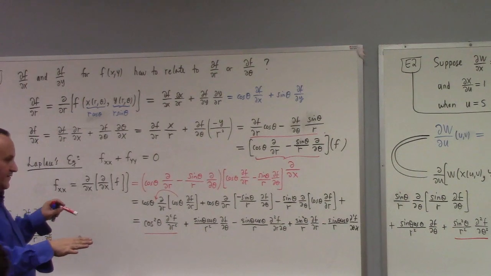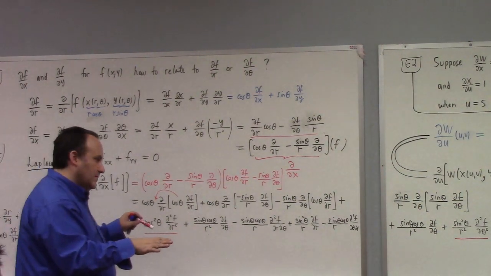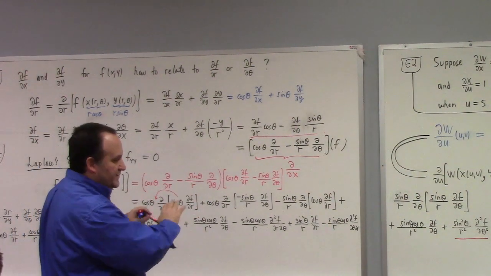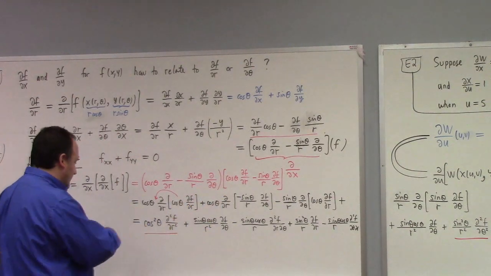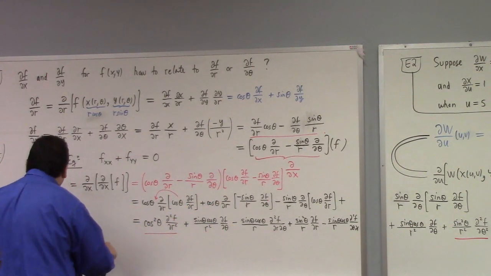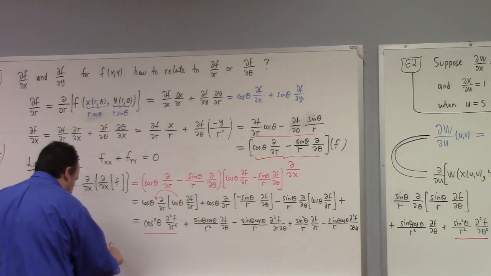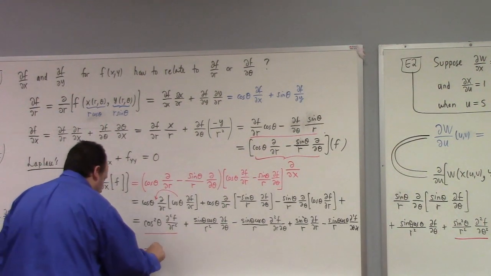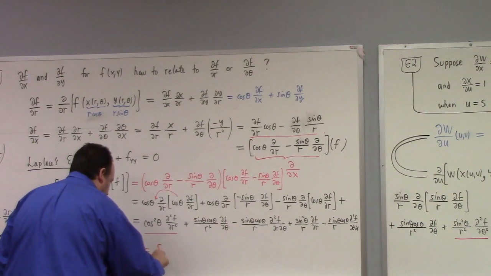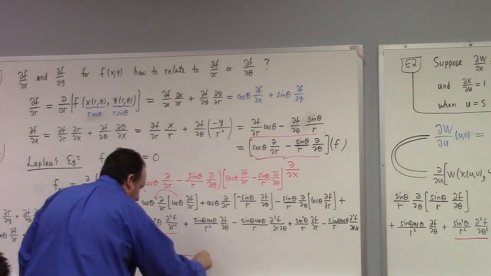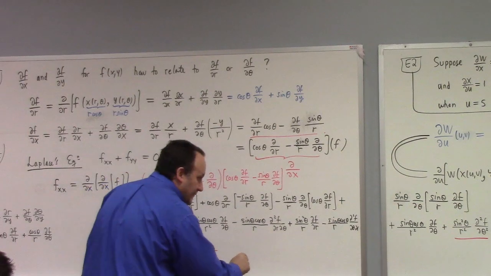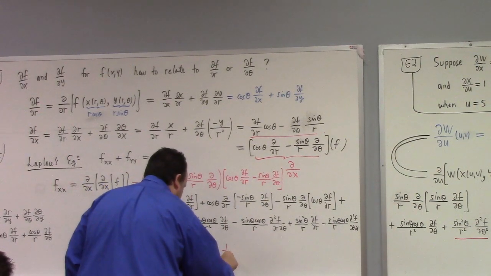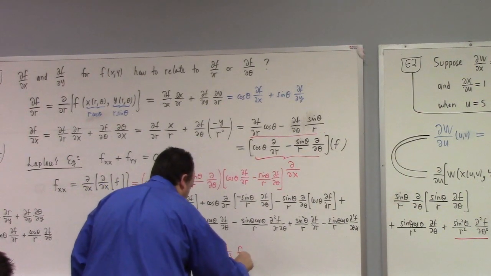But if I recall correctly, let me not speculate, there are a lot of things that cancel, but a few things we keep. I can tell you this much: fxx plus fyy is equal to frr plus, I don't remember, plus 1 over r squared f theta theta.